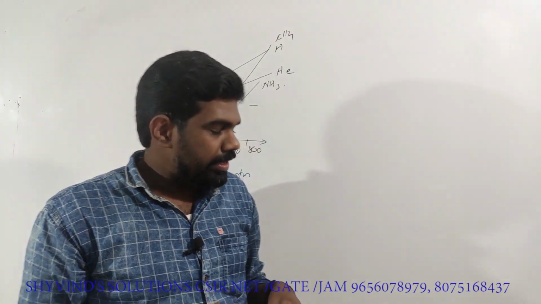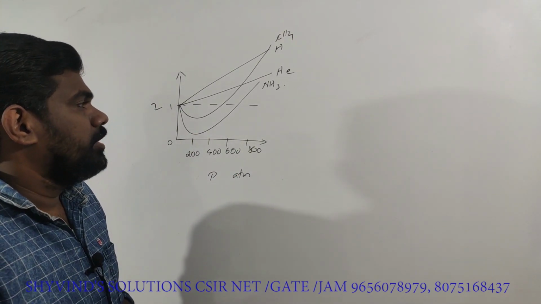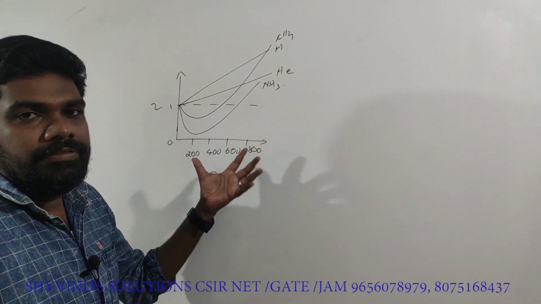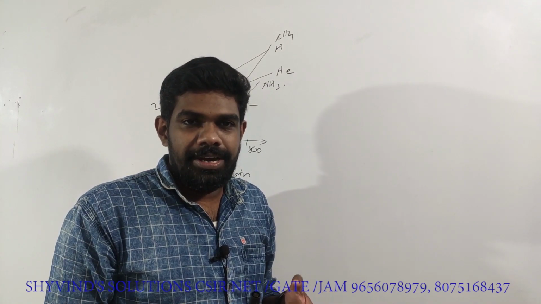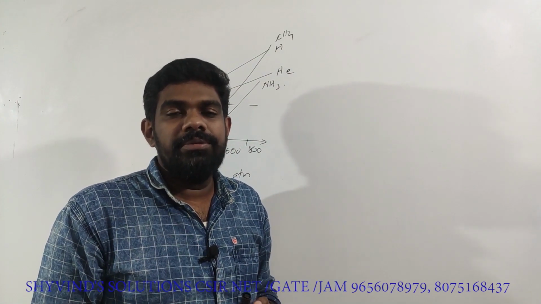So if you look at these plots and at the options, we have a confusion that we may tick option C. But if you go through the question thoroughly, there is one more additional point.